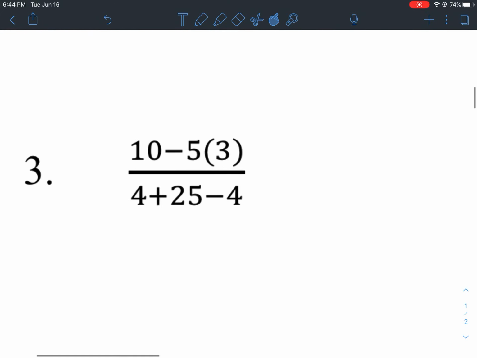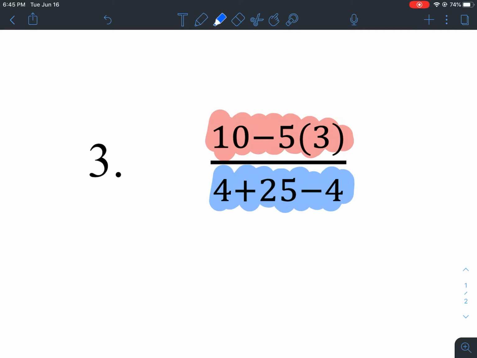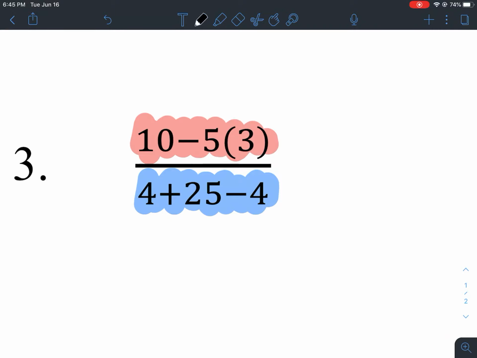Okay, so our next one, we actually have a fraction. Whenever you have a fraction and you're working with the order of operations, you simplify the numerator and the denominator separately. So what we're going to first take a look at is the red portion here. We're going to do 10 minus 5 times 3.